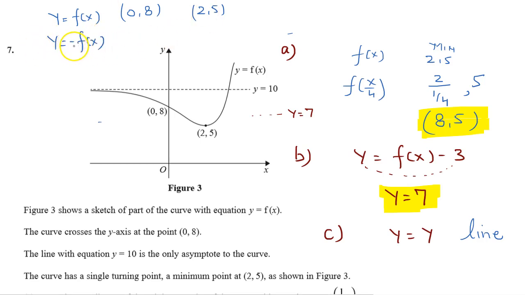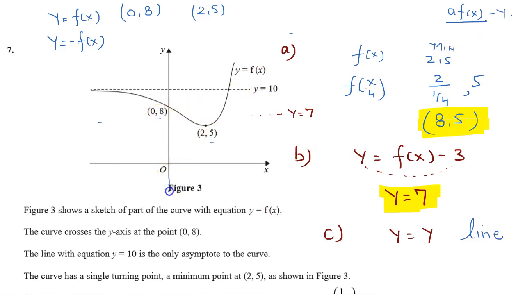Is it going to affect what? I told you a transformation like this type of mapping of the curve is going to affect x-axis or y-axis. This is going to affect y-axis. Always remember this. So this is negative. So this will become -8 and this will become -5, and x will remain the same.